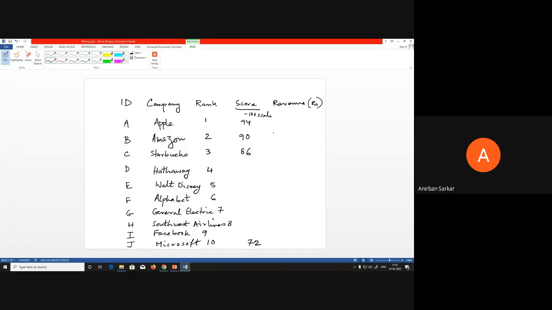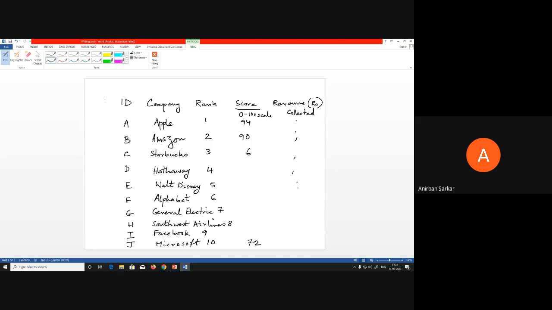So these are the scores from 0 to 100 scale. Scores have been generated on the 8 criteria, and revenue collected by these companies are being recorded here. So this is a data.